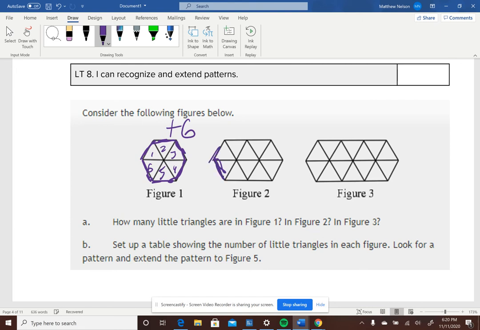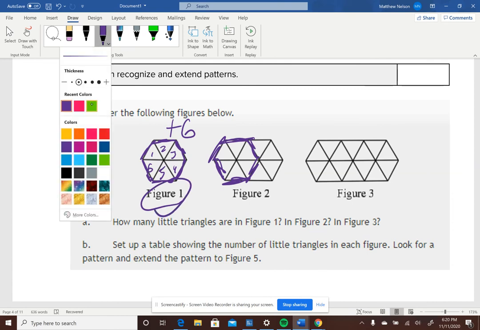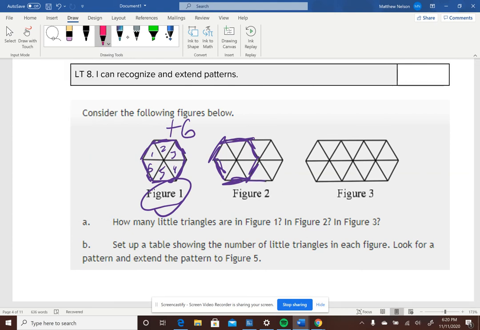And I'm going to go ahead and just start off by highlighting those 6. And now what am I adding to each of my initial figure? All right, so to my initial 6, how many am I adding here? And we see by outlining in a different color the part we added, we are adding 1, 2, 3, 4.